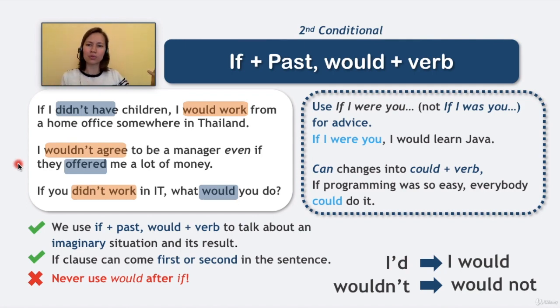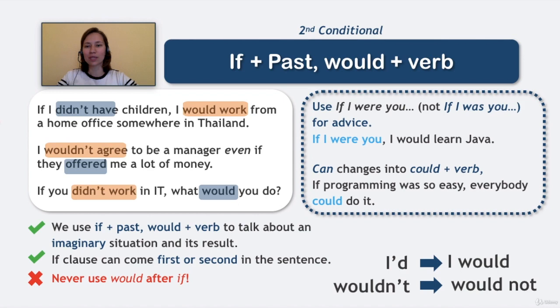The second part is a result, and I have to use the word would and the verb. If I had more free time, I would learn something new. But we understand that it means that I don't have more free time now. So I imagine this situation. If I had more free time, I would do something. I would learn something new.